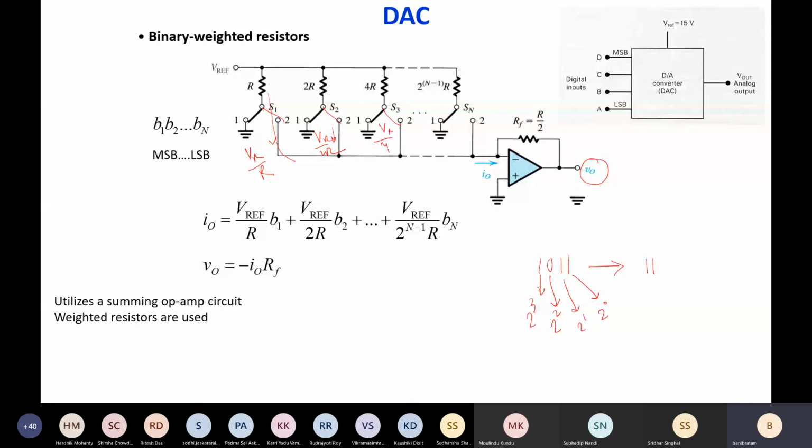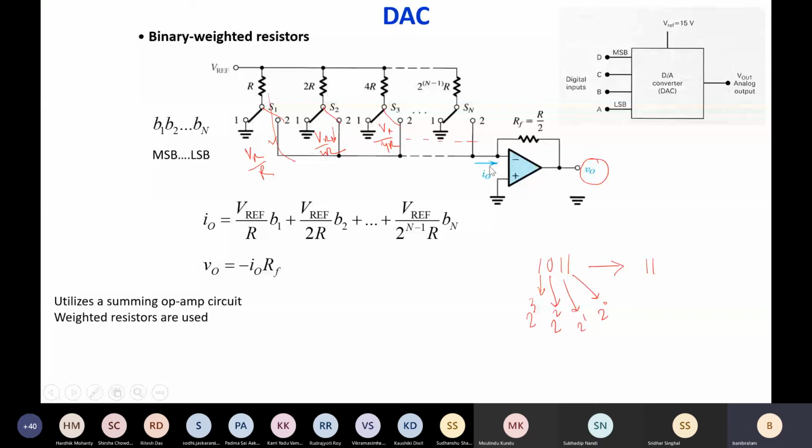Likewise, those currents will be flowing over here, and this will simply act as the adder or summer. So what is the total current? Total current I0 will be simply Vref by R into B1, where B1 is the digital bit. If B1 is 0, then it will be 0. If it is 1, then it will be Vref by R, plus Vref by 2R into B2, plus and so on up to Vref by (2 to the power n minus 1) into R into Bn. Okay. This is the current I0.